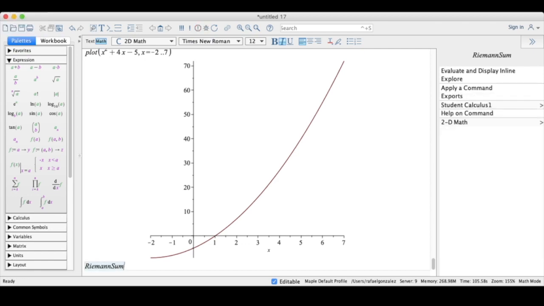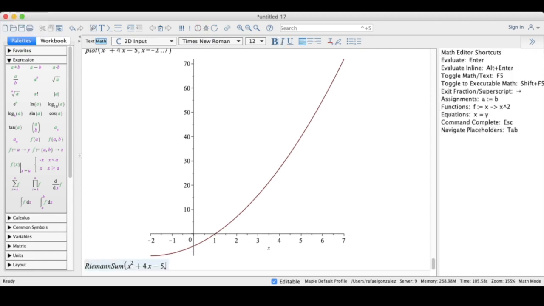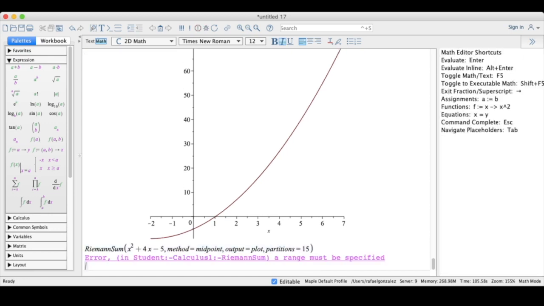There's no hurt in using it. What was I gonna do? Yeah, method equals midpoint, output equals plot, and the partition is 15. Ah, they didn't say a range.